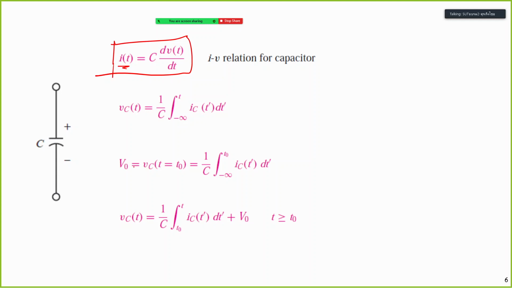Then we get V0, which is v(t) at t equal to t0, and is 1 by C integrated from negative infinity to t0 of i(t') dt', right? We get this value here, and then after that we can have the value at any t by this equation.